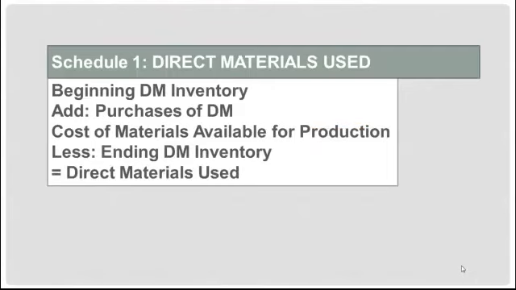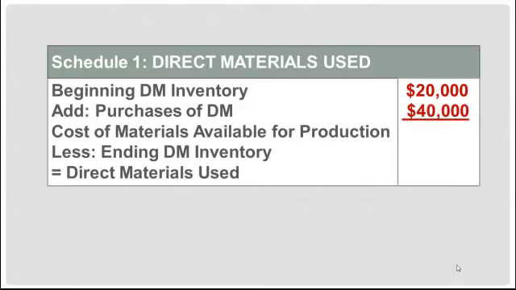All right, turning back to your page where you see your schedules, you see beginning direct materials, add direct materials purchases, you will get cost of materials available for production, then ending direct materials inventory to get direct materials used. So I'll just be filling in based on what we were given. We were told beginning direct materials inventory $20,000.